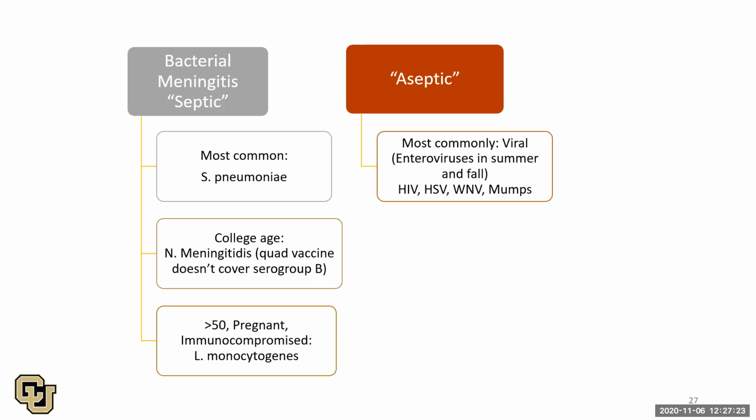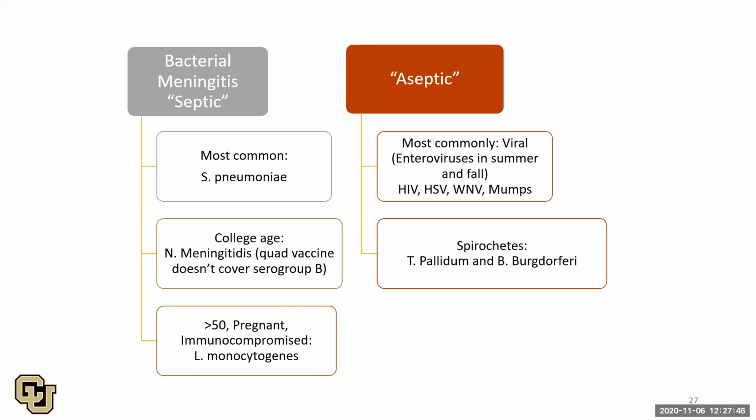Most commonly, aseptic meningitis is caused by viruses, and even more commonly, enteroviruses, so Coxsackie, echovirus, and non-polio enteroviruses. Viruses also include HIV, HSV, West Nile virus, and the extraparotid manifestation of mumps, which is meningitis.